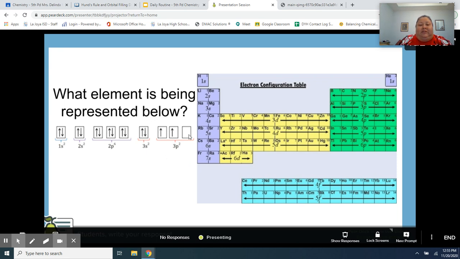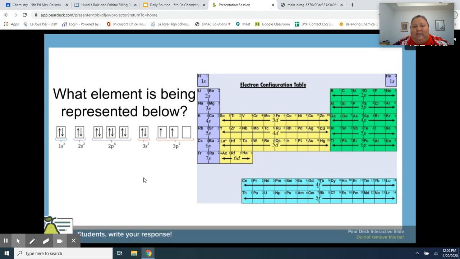If this wasn't here and this was the last one, 3s2, well, I would go energy level 1, energy level 2, energy level 3. There's my s orbital. What element has a little 2 in the corner? In this case, it would be magnesium. But I'm not looking for magnesium. I'm looking for energy level 3, orbital p, and the element that has a 2 in the corner.